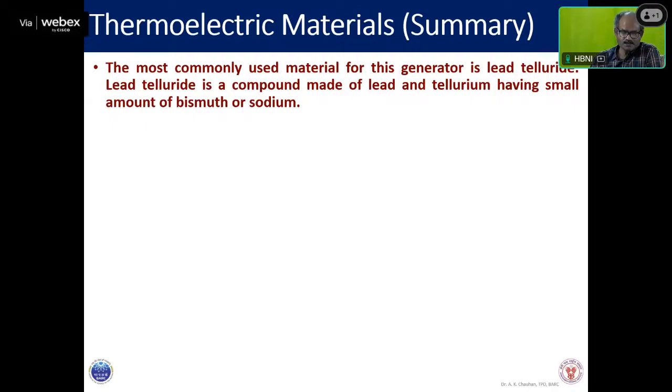Then to summarize, the most commonly used material for this generator is lead telluride. Lead telluride is a compound made of lead and tellurium having a small amount of bismuth or sodium.